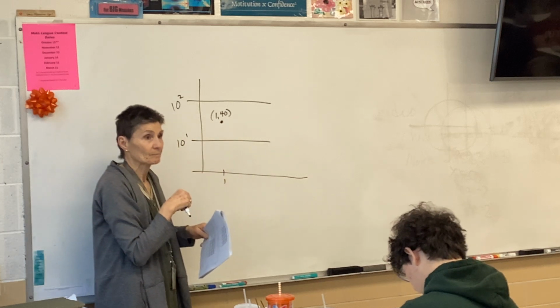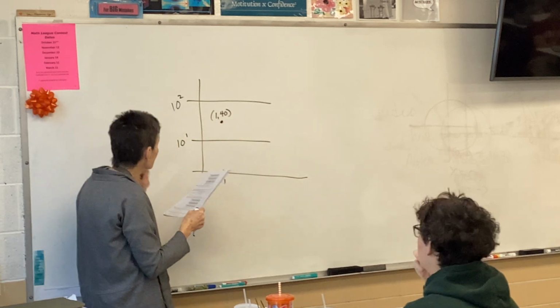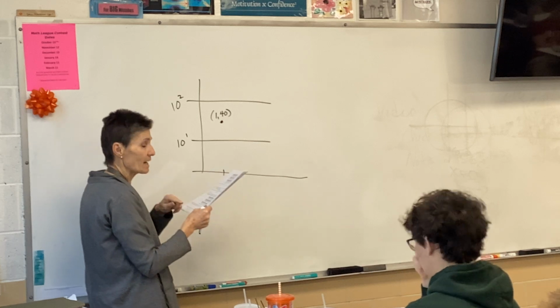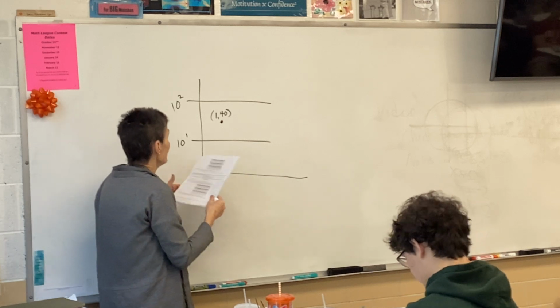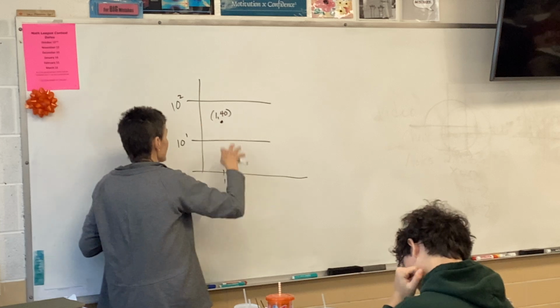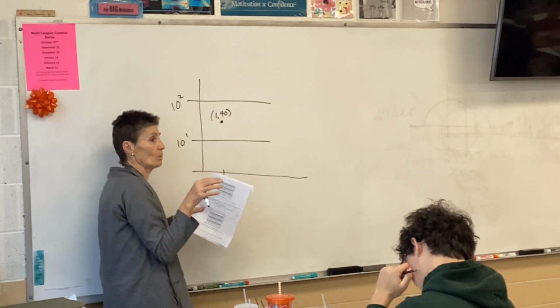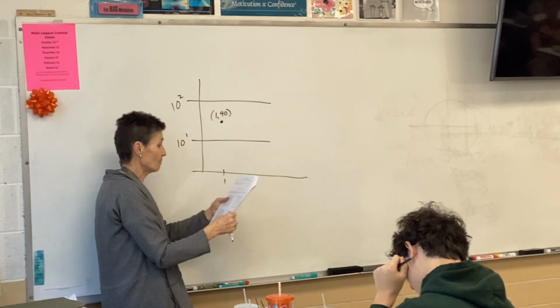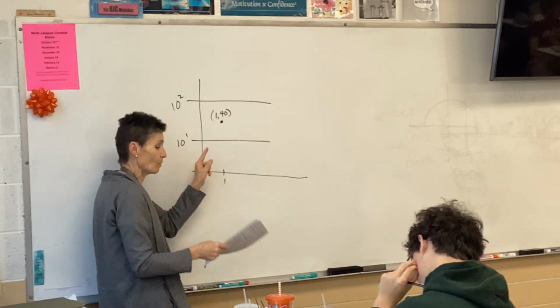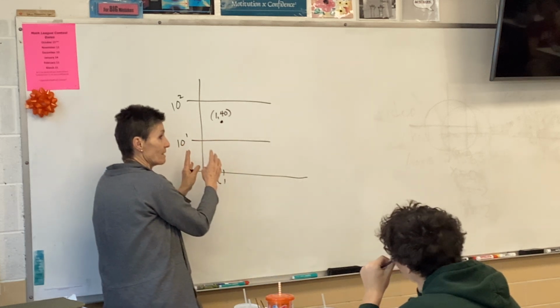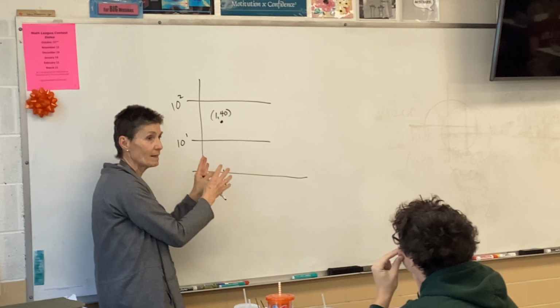Would you agree? But what I need you to understand is that the point 1 comma 40 is in the data, but on this graph it represents something different because this is a logarithmic plot.